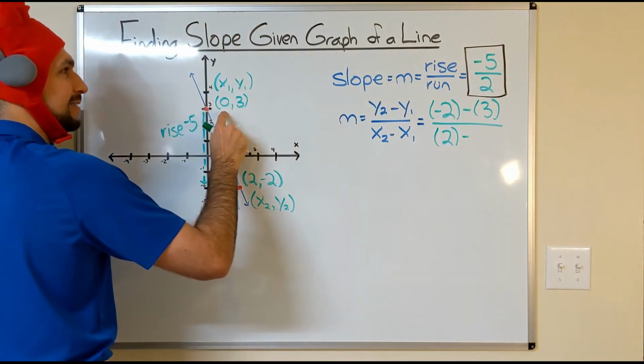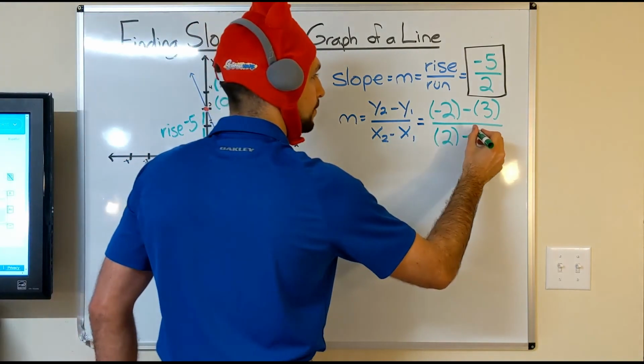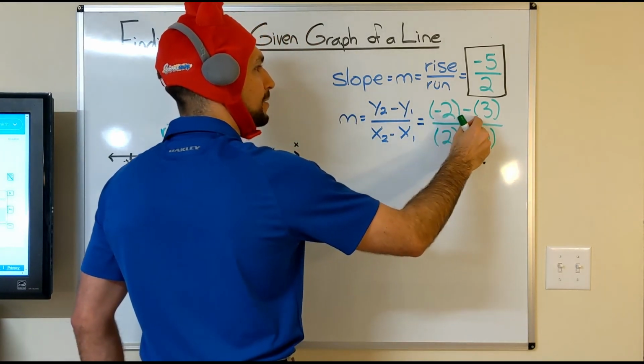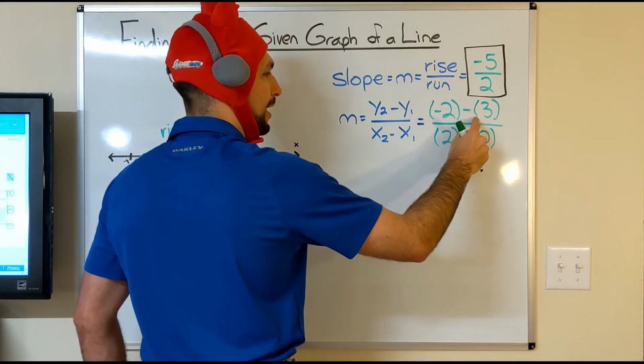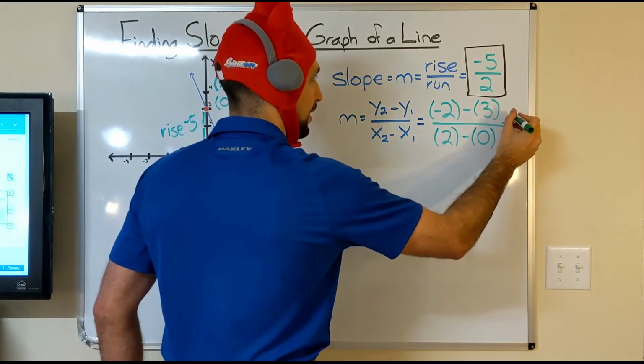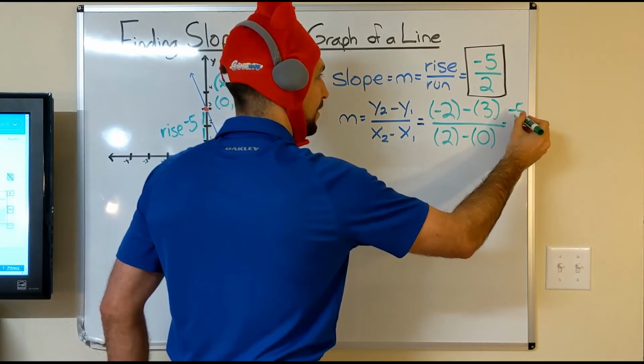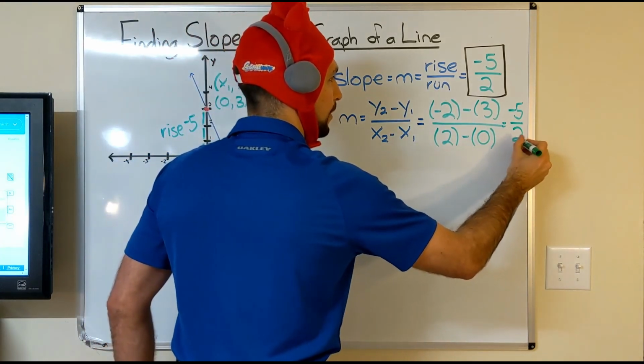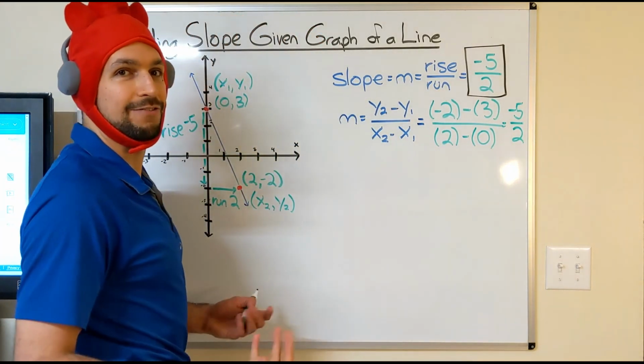Our first x, x1, is 0. Negative 2 minus 3 more is 3 deeper in the negatives. That's going to be negative 5. 2 minus 0 is just 2. So we get the same solution, negative 5 over 2.